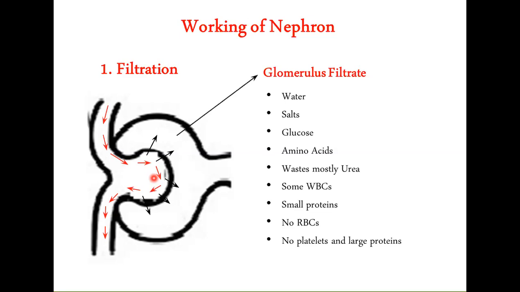I can just summarize it again. When blood flows through the capillaries of the glomerulus, some liquid is filtered from the glomerulus and enters Bowman's capsule. This filtrate is called glomerulus filtrate.